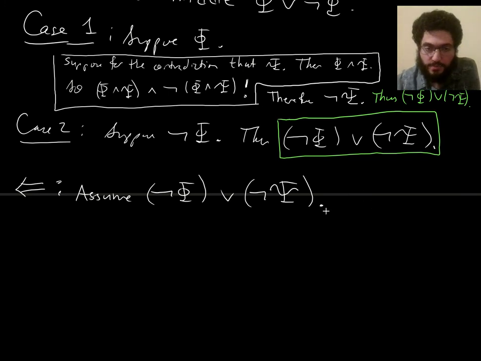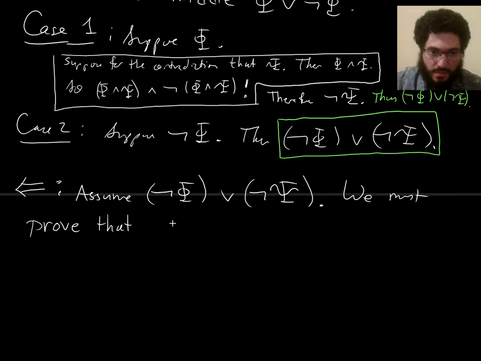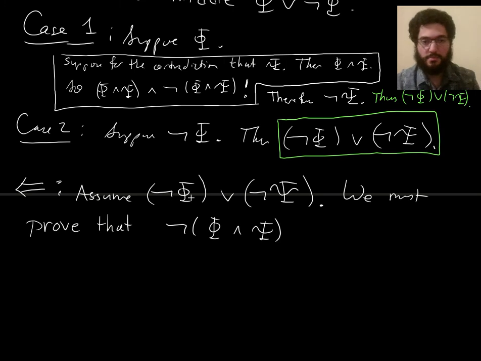And the goal now is to prove, so let me make it clear, we must prove that it's not the case that phi and psi. So I'm assuming that I'm either not tall or not happy, and I must prove that it's not the case that I'm both tall and happy.